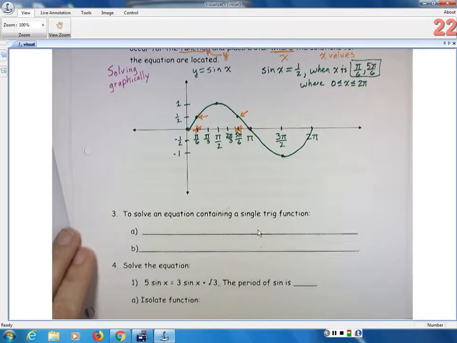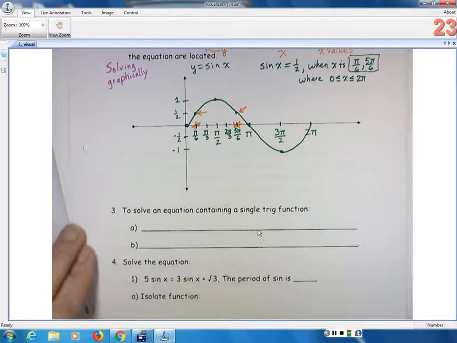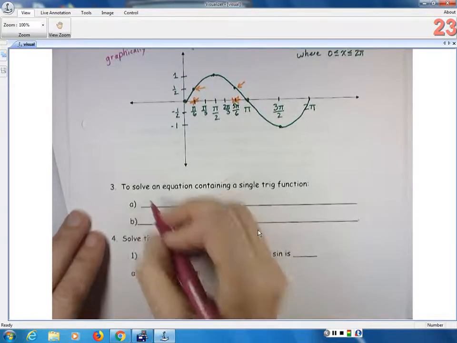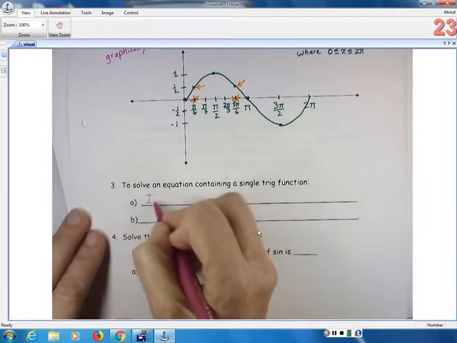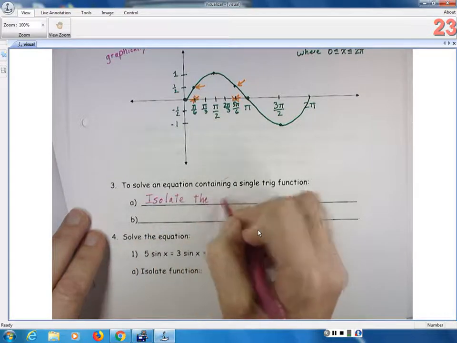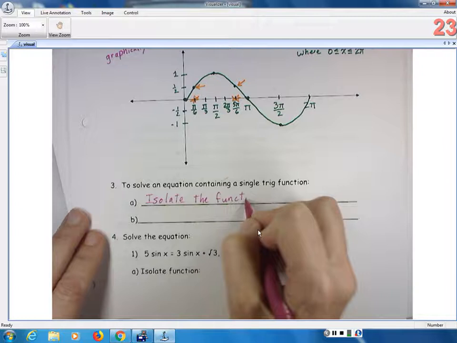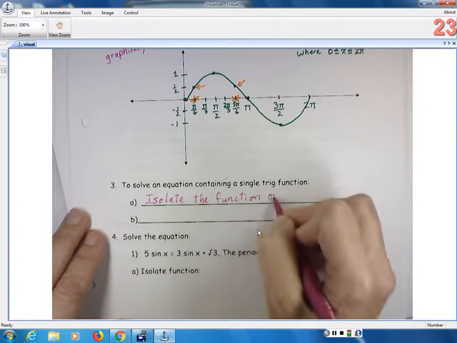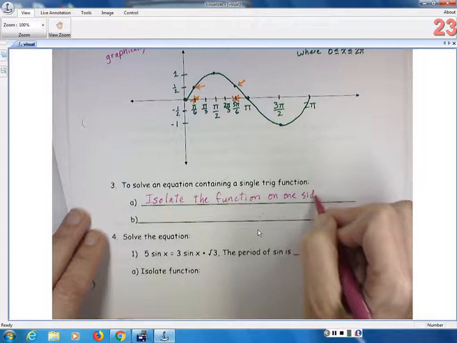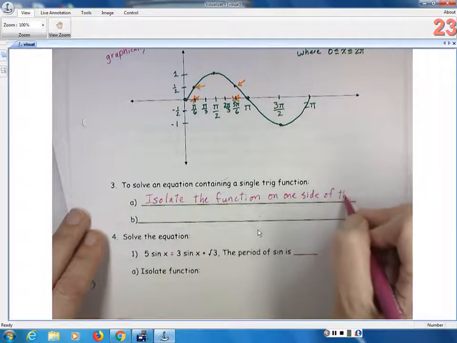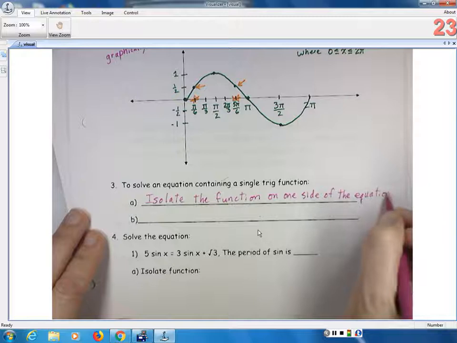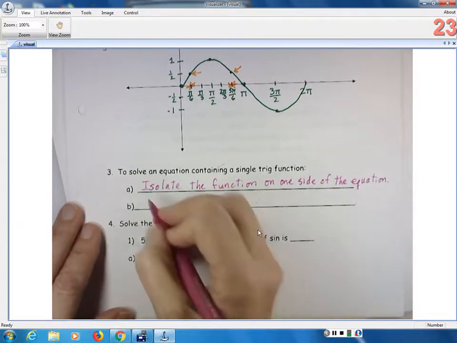Now, there are some steps for solving an equation containing a single trig function. You're going to follow these steps. You're going to isolate the function on one side of the equation, and then you're going to solve for the variable.